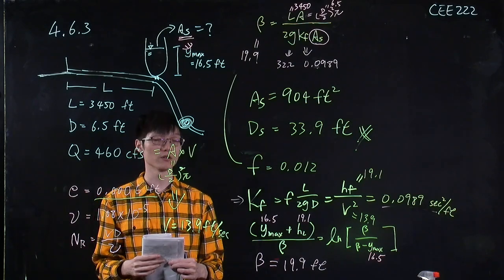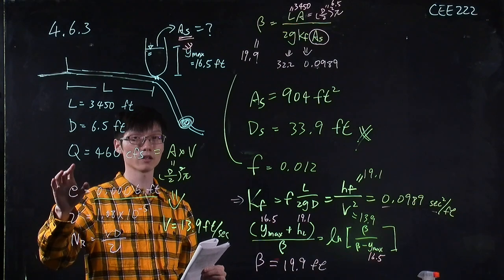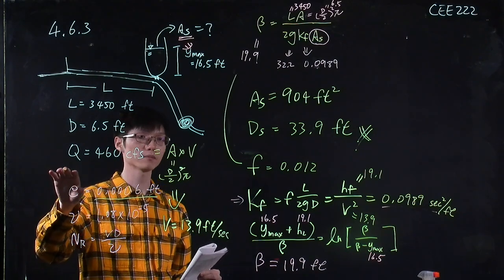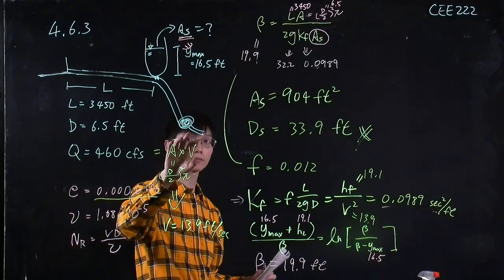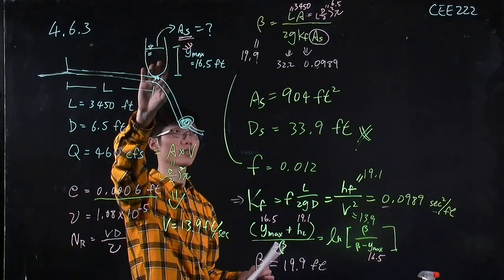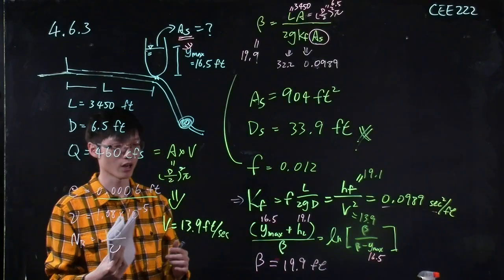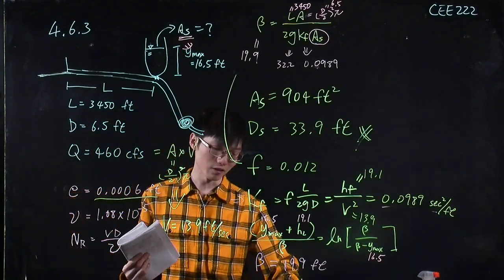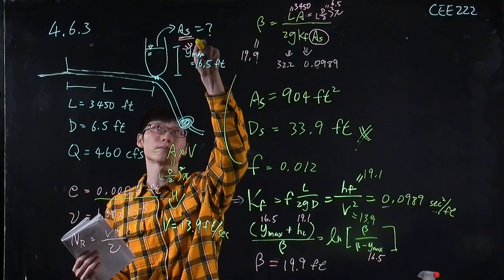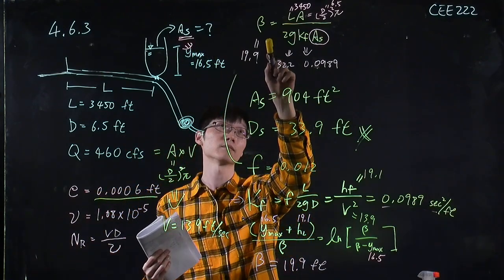Let's just do a quick review. What did we do for this problem? Because we want to solve the area of this surge tank, over the equation that you have learned, the equation that is related to this A_s is this damping factor.